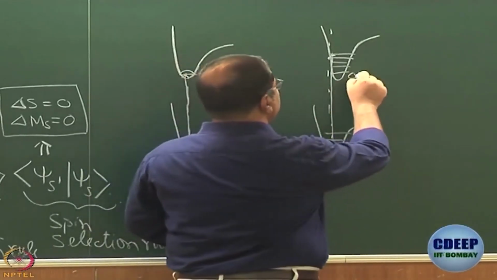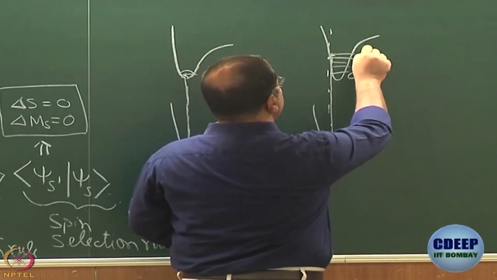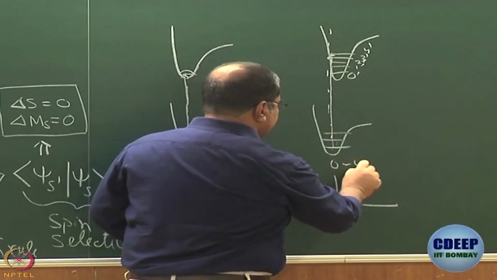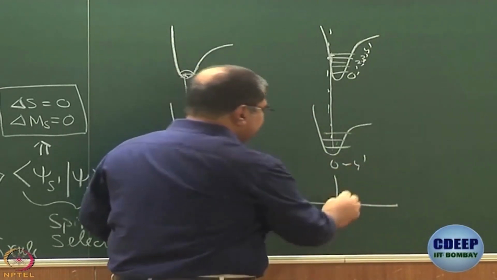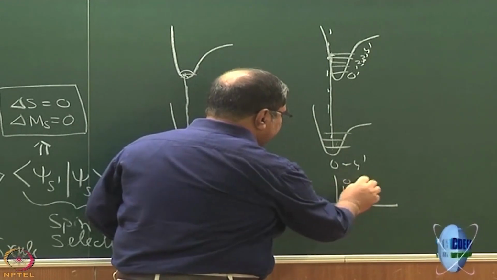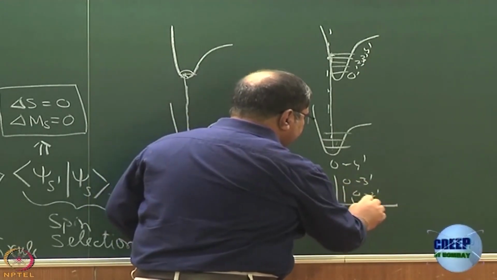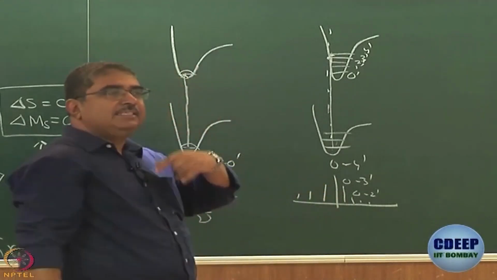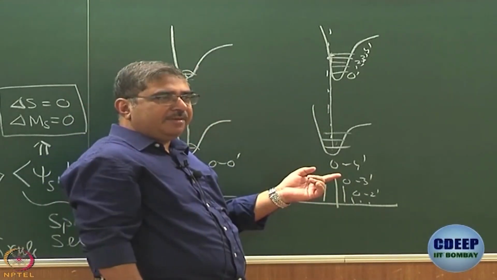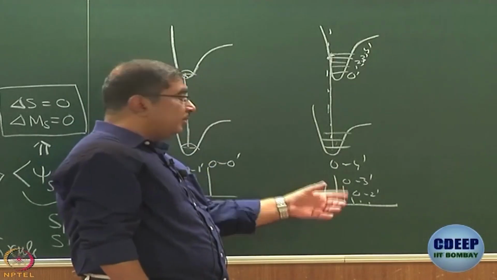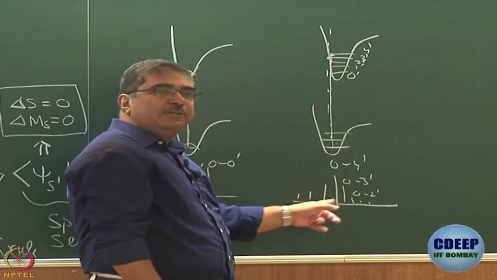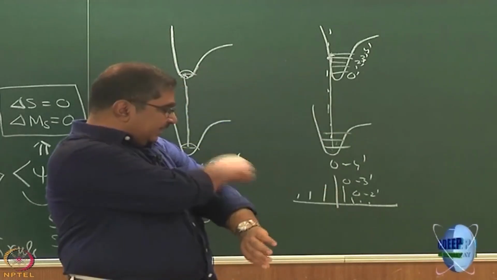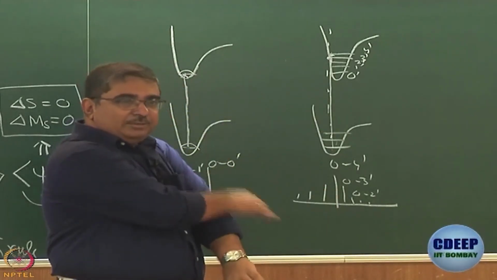So, what is this? 0 dash, 1 dash, 2 dash, 3 dash, 4 dash. So, if this is your 0,4 dash, this is going to be the most intense transition, others will go down: 0,3 dash, 0,2 dash, so on and so forth. This way also it will go down. So, that gives you a maximum in the absorption spectrum, and of course, you have internuclear separation, and we have separation between two successive lines due to the separation between the vibrational levels in the excited state. We will have an occasion to come back to this shortly.